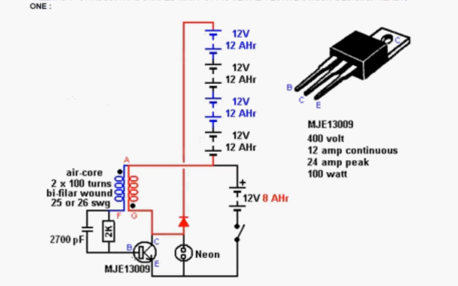It has one transistor. It has one resistor. It has one little capacitor and 200 turns of wire on a cardboard tube. It has an on-off switch if you want to be fancy. You don't have to have one. You can just connect to the battery.